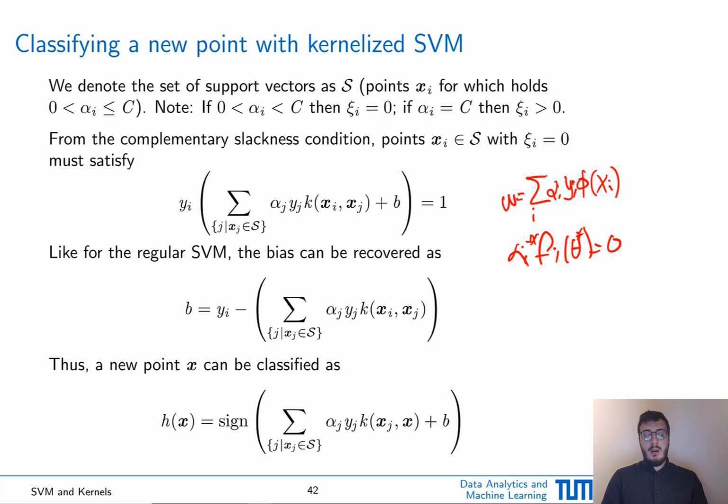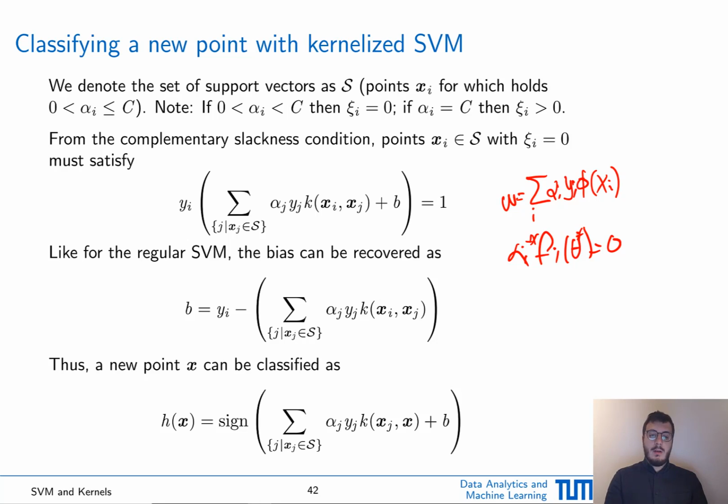Then a new data point. In order to classify it, we simply remember only those data points which are support vectors, only those data points for which alpha_i is non-zero, or in our case is even bounded between 0 and C. And we simply compute the similarity between the input test point x and these support vectors x_j, the similarity as measured by the kernel, multiplied by alpha_j and y_j, in addition to the bias.